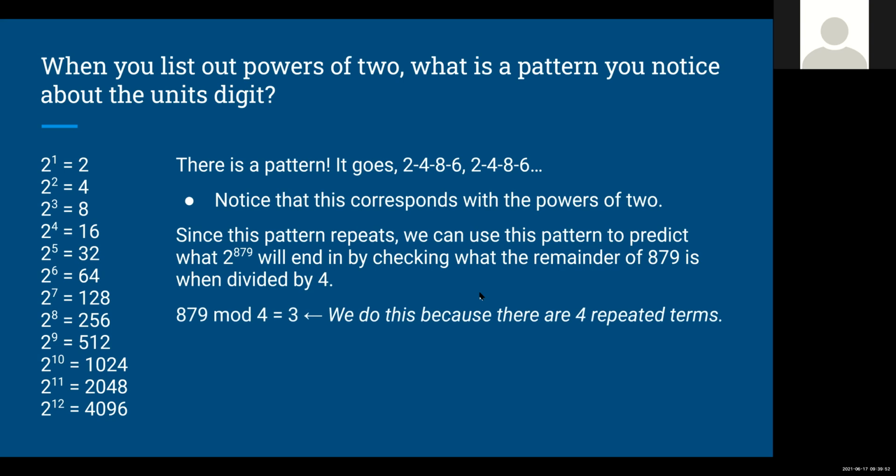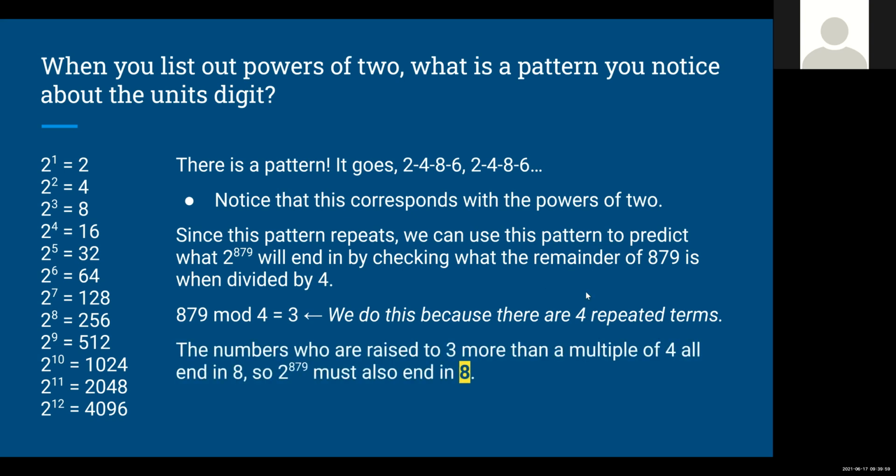So 897 mod 4, and we're doing mod 4 because there's a cycle of 4, equals 3. So there's a remainder of 3, and the third number in our cycle of 4 equals 8. So we can use the repetition of 4 and mod 4 to solve for the last digits of higher powers. Does everybody understand how we got 8 and why this is important?